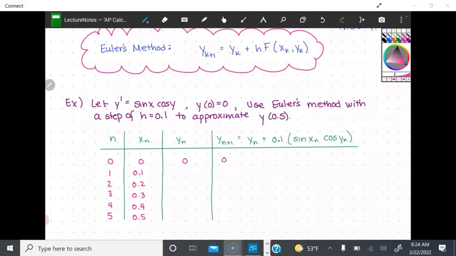So y sub 0 plus 1, or y sub 1, is equal to 0. So now that we're here, this is y sub 1, it equals 0. The value that you get here for y will go into the next line for y, always. And then we just evaluate again using these new values for x and y.